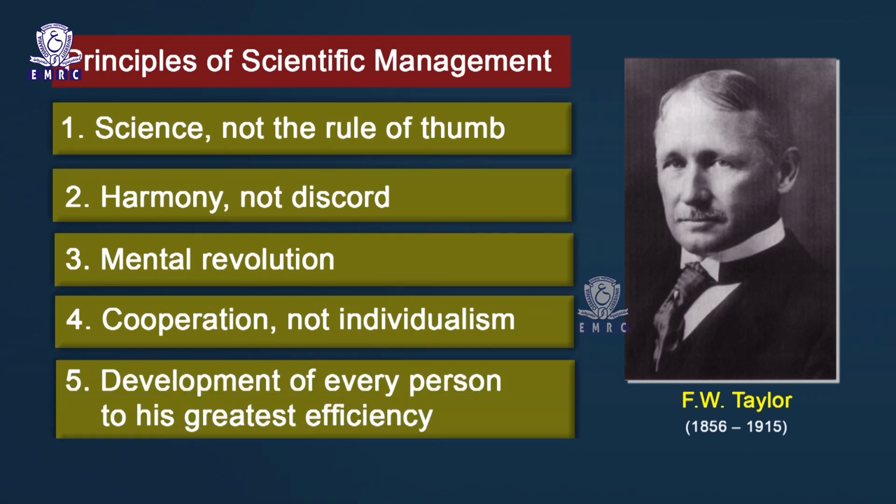The fifth one is development of every person to his greatest efficiency. The effectiveness of a company also relies on the abilities and skills of its employees. Thus, implementing training, learning best practices and technology is the scientific approach to brush up the employee skill.